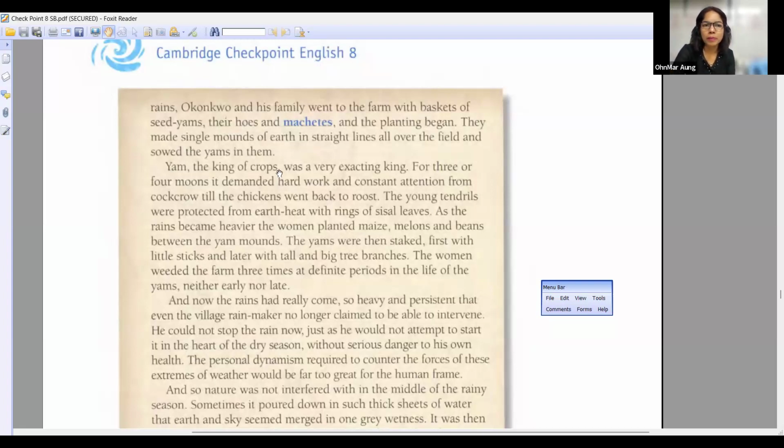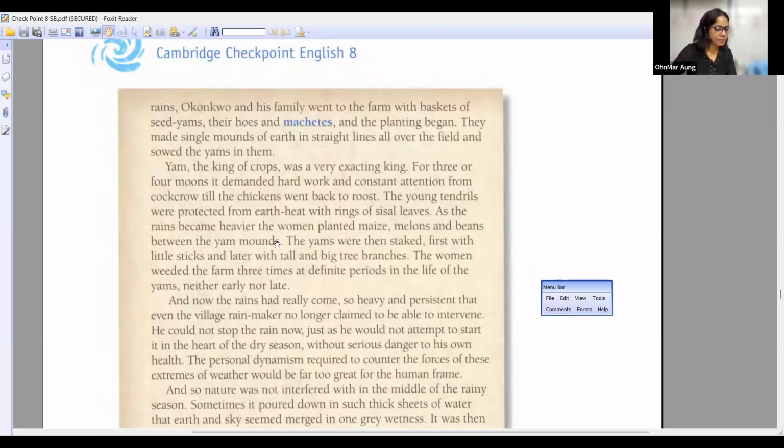In the previous paragraph, the mounds of earth. Between the mounds of earth, the women grow some plants too. The women planted maize, melons, and beans between the young mounds.